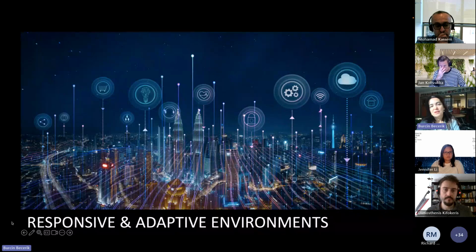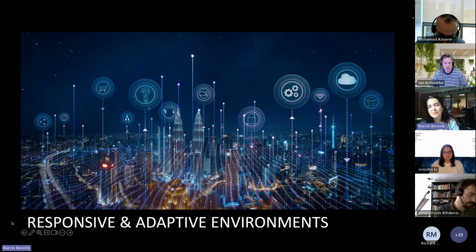So I put forward that as we enter the new era of AI, we now have the opportunity to redefine our built environments, making them more intelligent, sustainable, and centered around human needs.